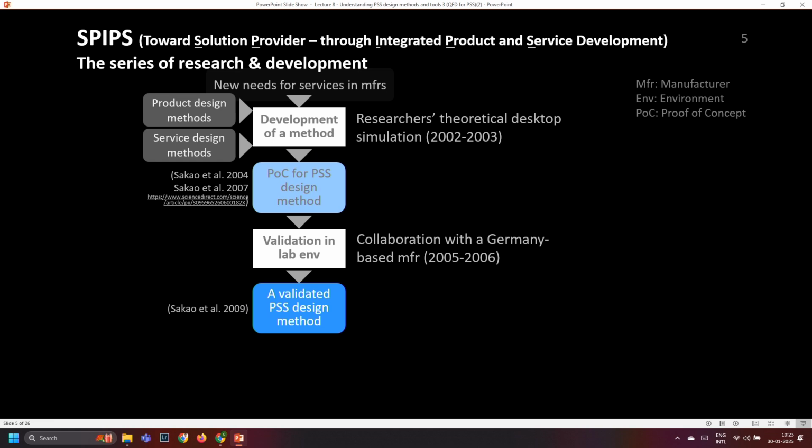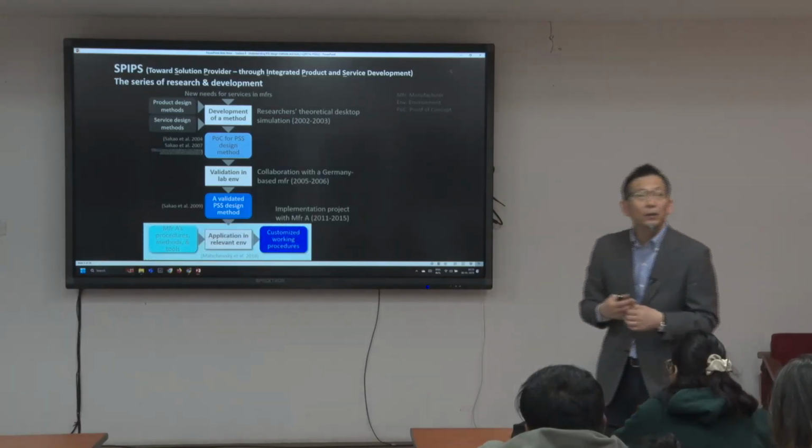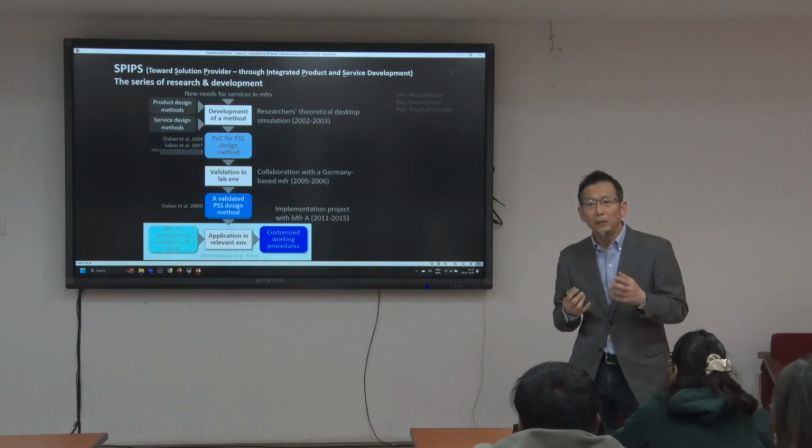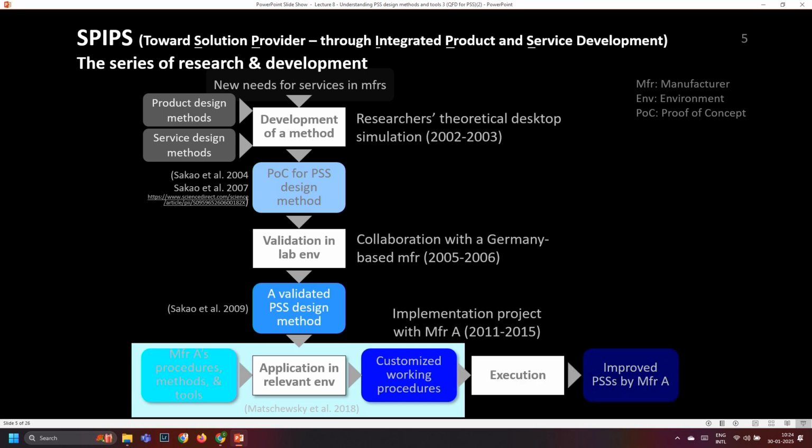And then after the application, we validated the method, and then we introduced the validated method into a different company, which is also manufacturing complex products and providing services. And then we helped the company implement the method within their existing work procedure, workflows, so that the outcome of their PSS offerings be better.